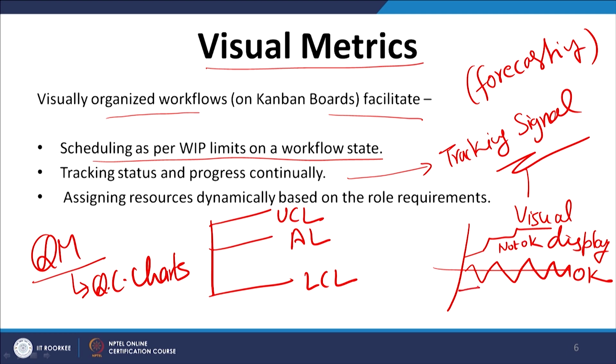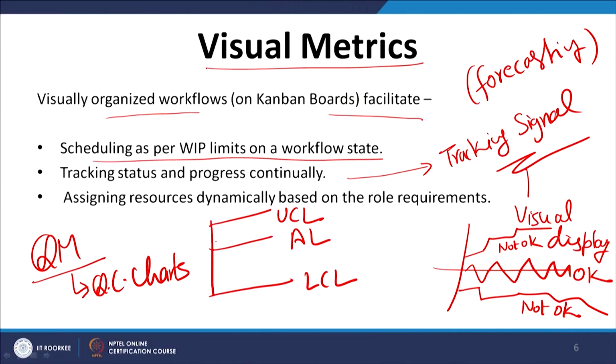If it is going this way, you say not okay, because without even knowing the values, just by seeing their shapes, you can interpret whether the tracking signal has some kind of biasness or no biasness. If the tracking signal is random, you say it is okay, but whether it is a positive or negative biasness, biasness means you do not have appropriate forecasting.